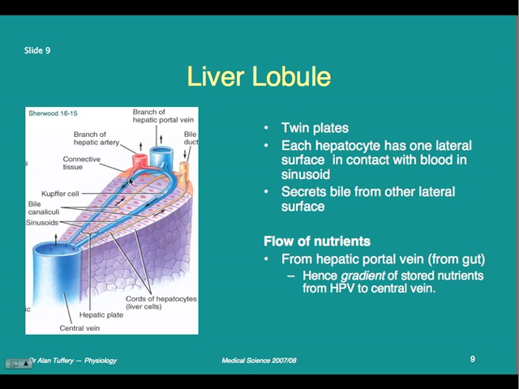So these cells at this end get first dibs. There's an expression, I don't think I've ever said that before. First dibs at all the food and all the toxins coming in. So they get affected first by toxins. They have the higher load of stored nutrients, particularly glycogen, the storage product for glucose. So they will have more, and these will get less.